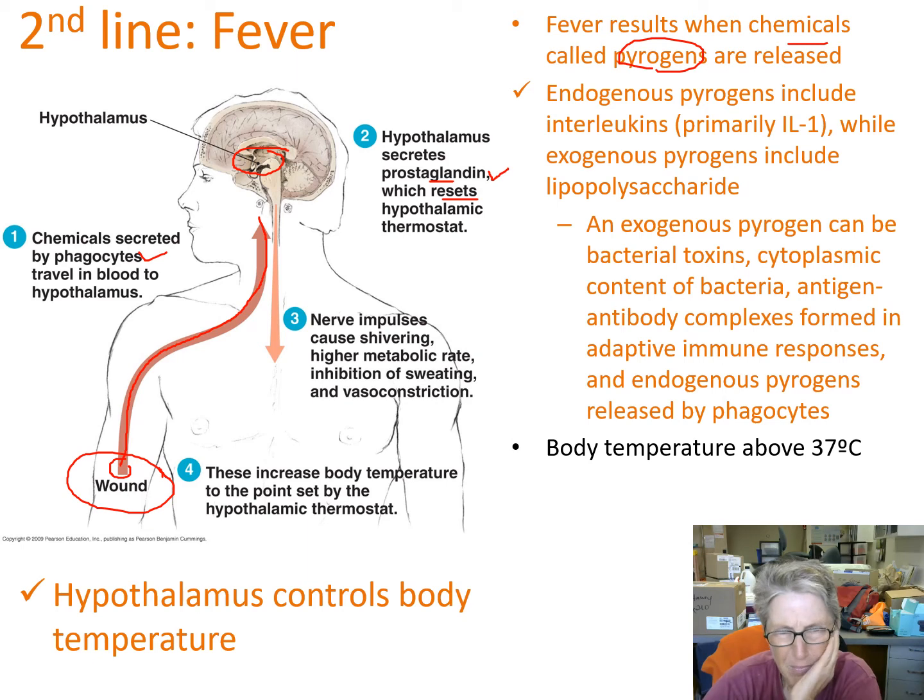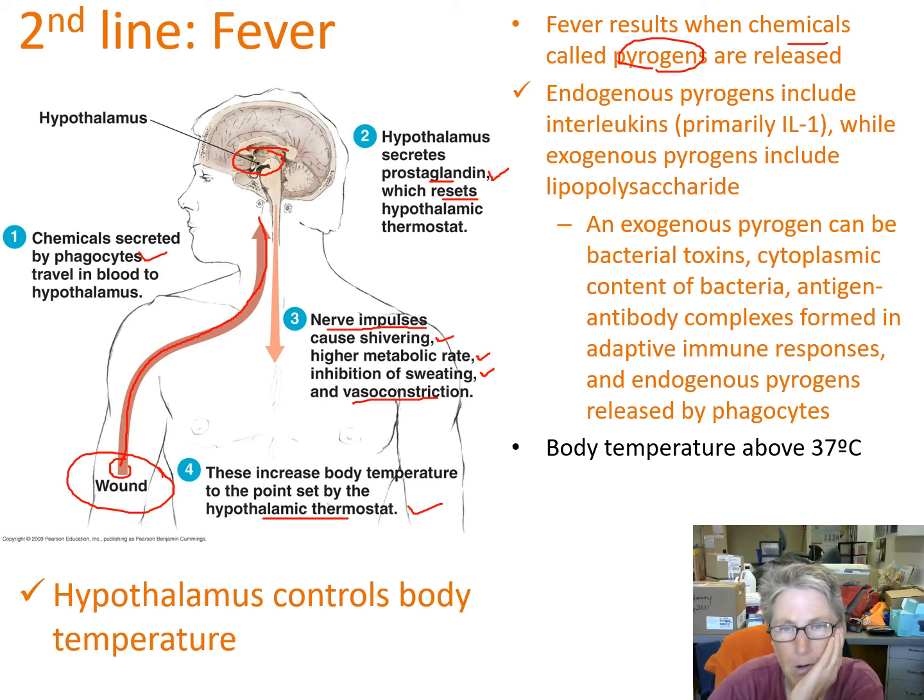And then you have some behaviors like shivering, but when you have fever, you also have a higher metabolic rate, your sweating is inhibited, and you have generalized vasoconstriction of your blood vessels. All these increase your body temperature to the set point set by the hypothalamic thermostat, which the new set point could be 103 degrees.